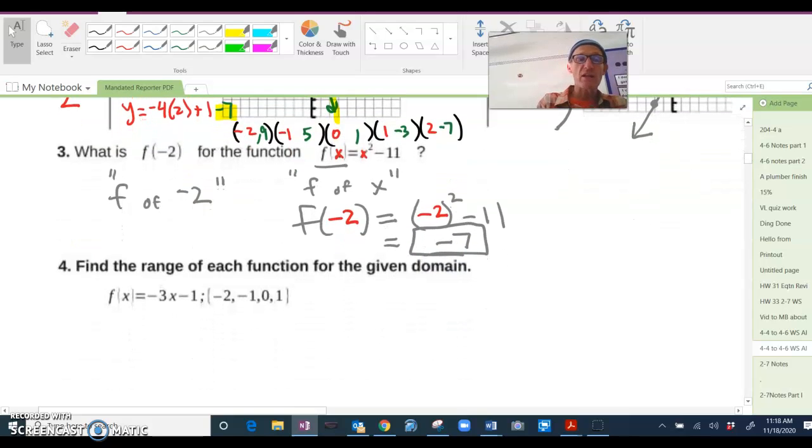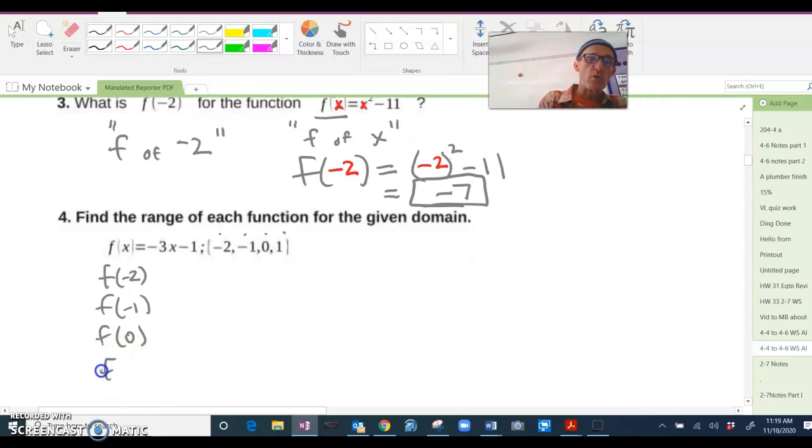Now the next problem is just like this problem, but there's four problems to do. So you want to figure out what f of -2 is, what f of -1 is, what f of 0 is, and what f of 1 is. So you make these substitutions, and you get -3 times -2 minus 1, right, which is 5. f of -1 is 2. f of 0 is -1, and f of 1 is -4.